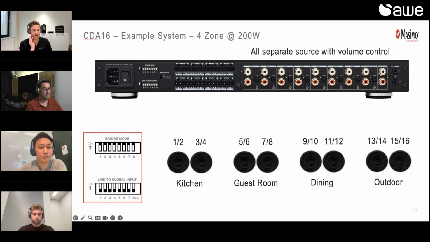With this global link, you are able to link, let's say, one zone. But if you only want to do one, you can use the global input. So that's in principle zone 8, and then there's automatically an output on that global output, which you then can use for running to an active sub, or let's say a sub amplifier.